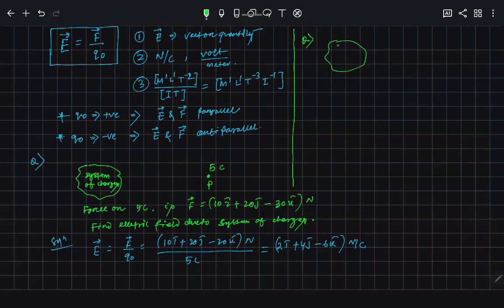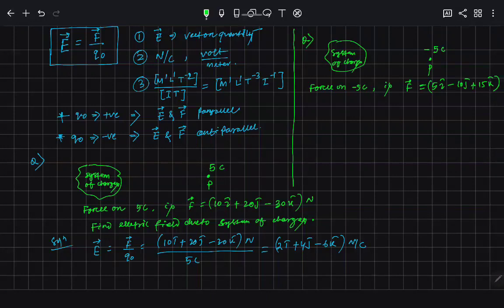So there is again a system of charges. Now at point P I put a minus 5 coulomb charge, right? Now the force on the minus 5 coulomb charge is, let's say, F equal to 5 i cap minus 10 j cap plus 15 k cap, and obviously the unit will be Newton.